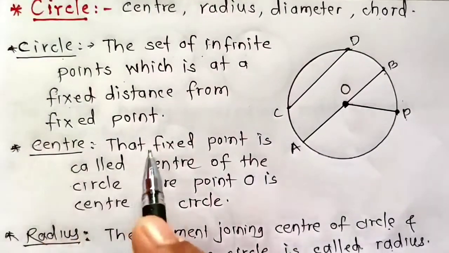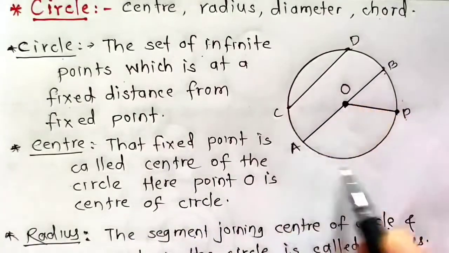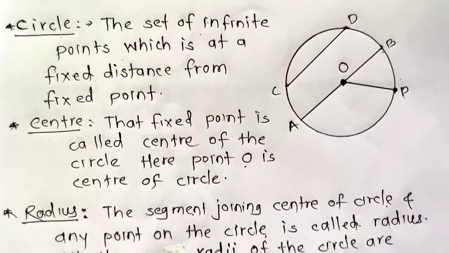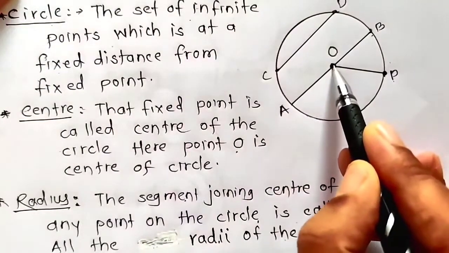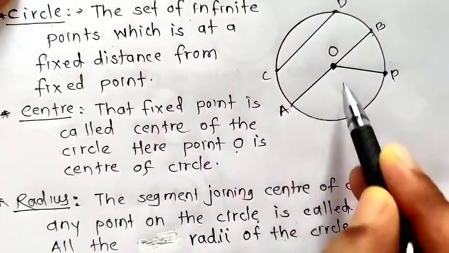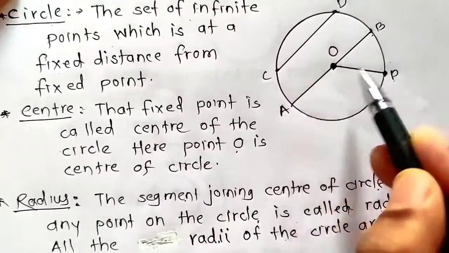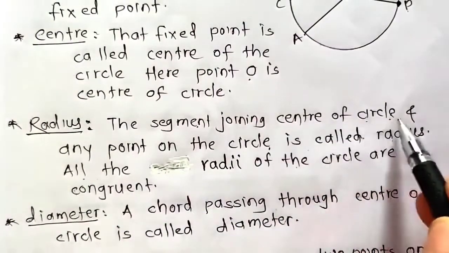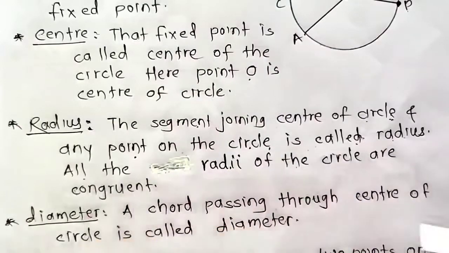In this figure, O is the center of the circle. Now next one is the radius. If we observe the figure, the segment joining the center and any point on the circle is called the radius of the circle.